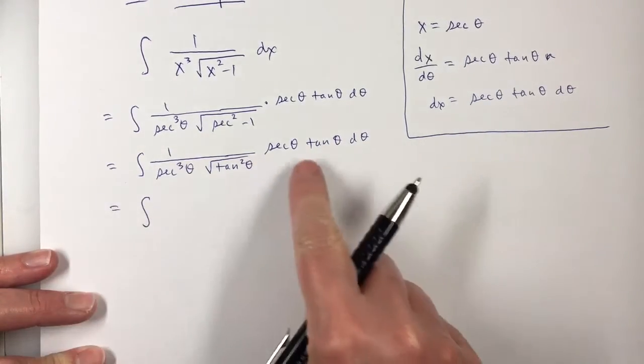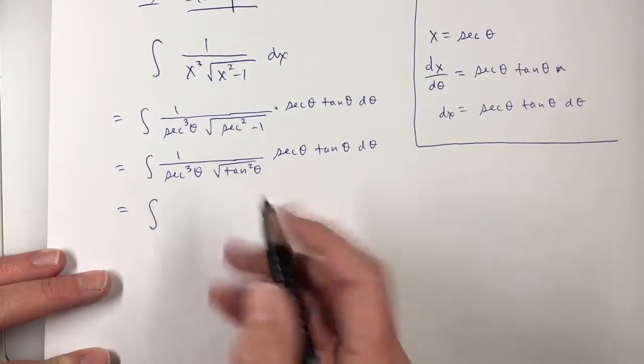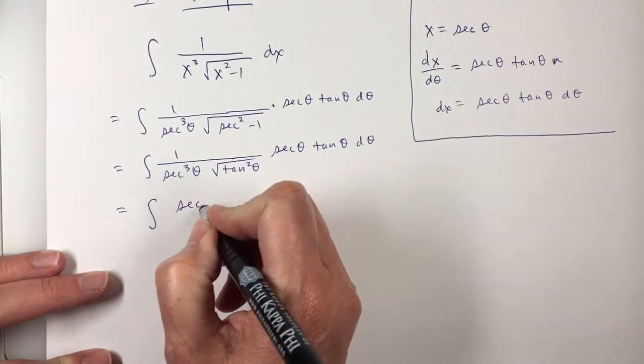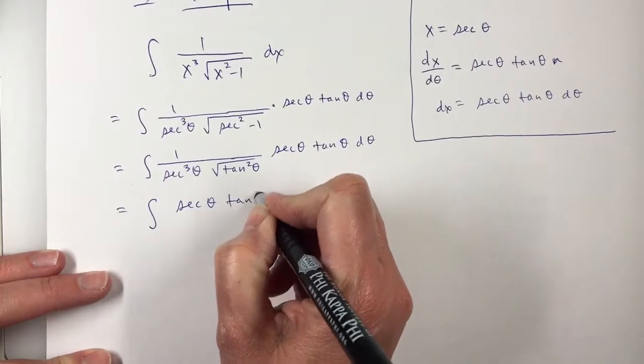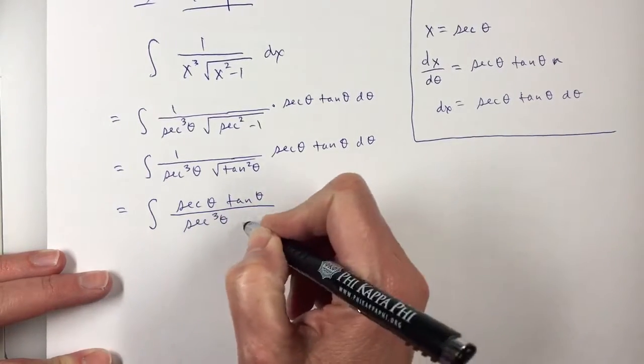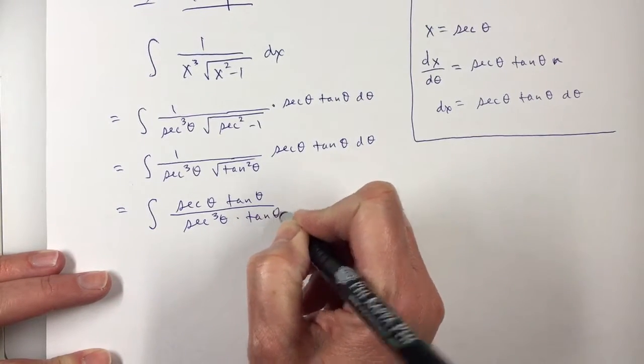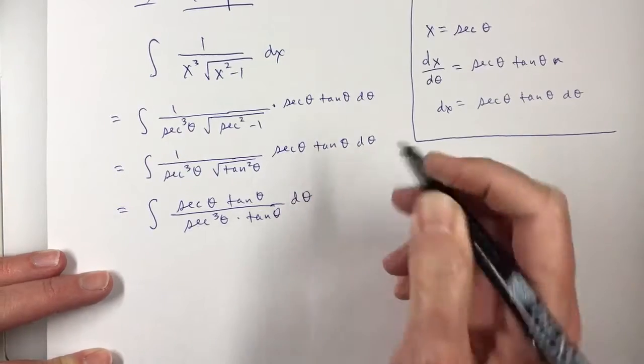So I'm going to pull this part, secant theta, tangent theta, and write it in the numerator, although it'd be okay to leave it there on the side, but we're going to be doing some reducing here. So this square root of tangent squared theta is tangent theta, and then d theta.